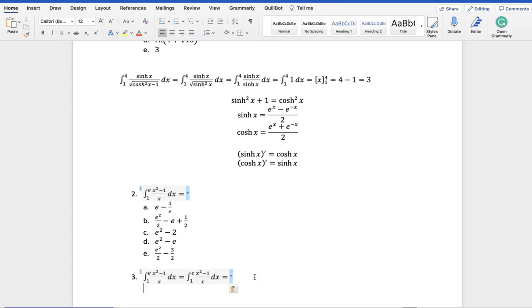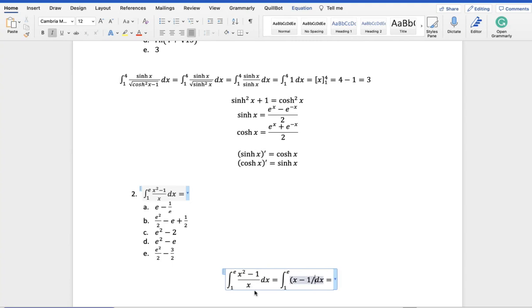The way you would do that is you divide the x squared by x, and then you have x left, minus the 1 divided by x, which is just 1 over x.